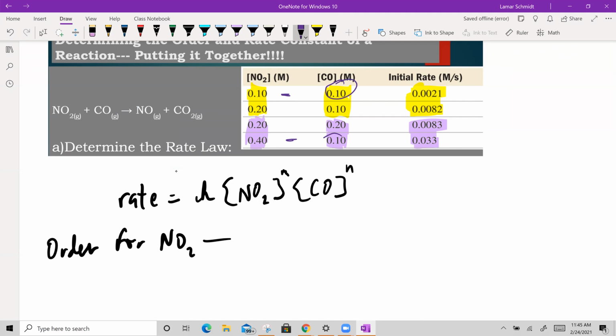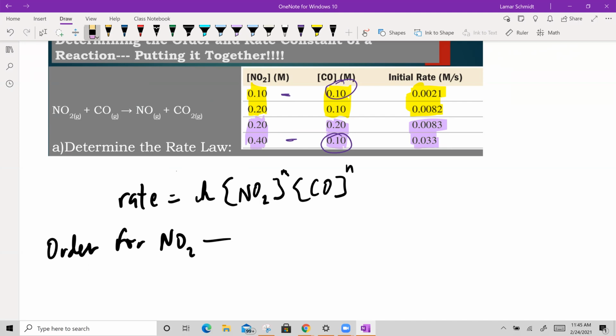Because in both of those, what happened to the concentration of CO? It stays the same. Do you see that? So I'm not bound by those first 2 points. I'm just going to use those because that's what I chose. I could also look at the difference between 0.1 and 0.4. That's not a problem because, and only because, the concentration of CO is the same.